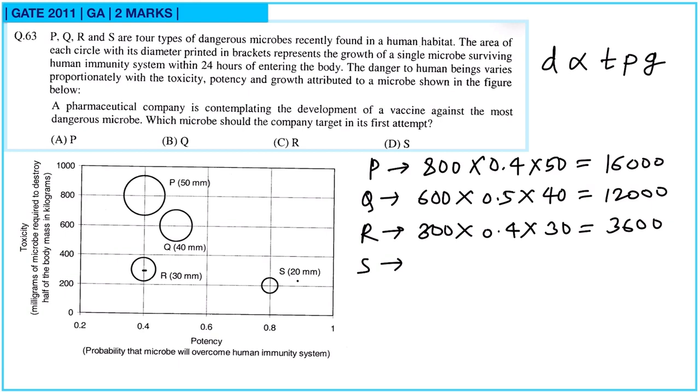And for S we have 200 into 0.8 into 20. So that is 3200. So as you can see, B will be the most dangerous microbe, and that should be the first target of the company.